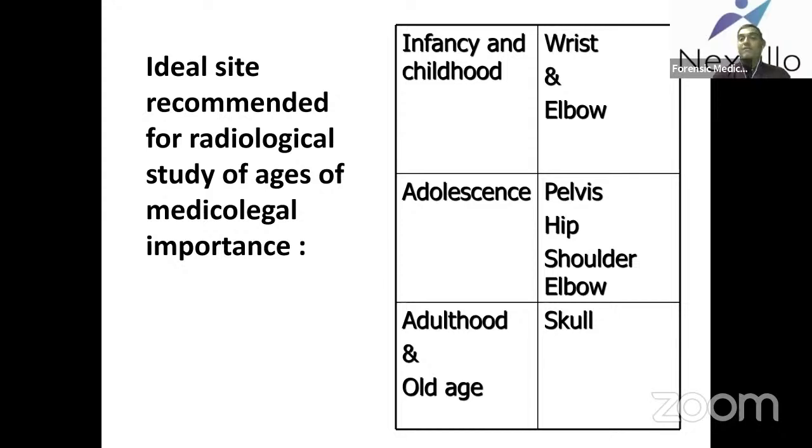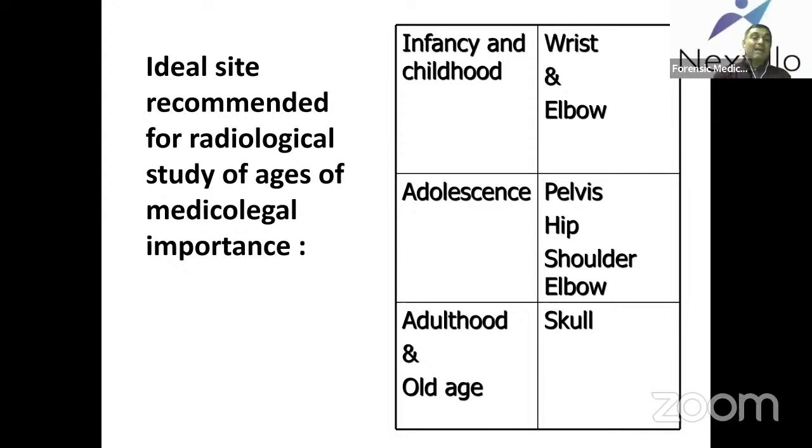Adolescence is a very important phase of life from the medicolegal point of view. During this time, we have kidnapping, sexual assault, and other crimes related to the minor group of children. So the court may decide accordingly whether that person is an adolescent or not. But for that, we need to confirm with the X-rays of pelvis, hip, shoulder, and elbow.